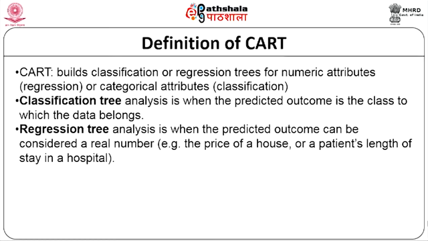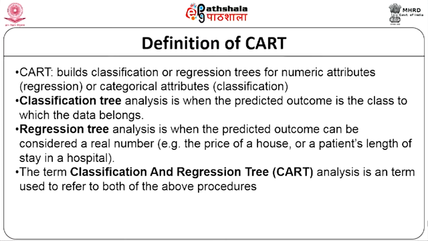These are numerical values or real numbers, while for classification trees what you get as output is a categorical variable. For example, in the previous example, high risk and low risk were the categories that we wanted. The term classification and regression tree analysis refers to both of the above procedures, whether for categorical variables or for numeric attributes.